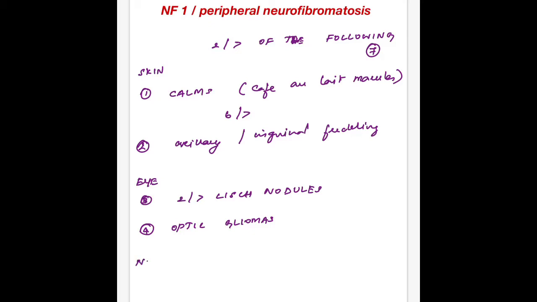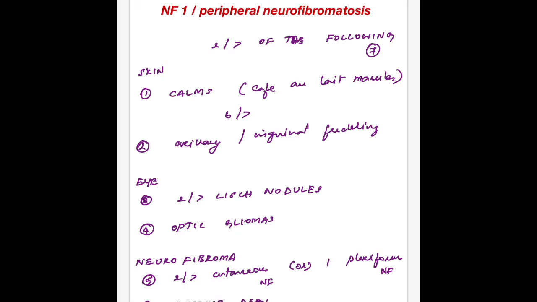Then we have neurofibromas. Since it is peripheral neurofibromatosis, it is going to be either a cutaneous neurofibroma or a plexiform neurofibroma. Two or more cutaneous neurofibromas or one plexiform neurofibroma is a diagnostic feature. Then we have osseous lesions like sphenoid wing dysplasia or long bone deformities.